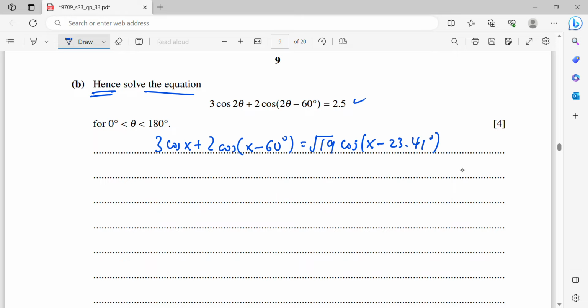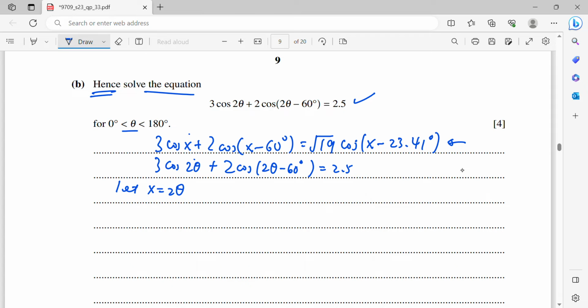Now you need to solve this using the previous answer for theta between 0 and 180 degrees. So 3 cos 2 theta plus 2 cos(2 theta minus 60 degrees) equals 2.5. I will let my x be 2 theta. So let x equal 2 theta.